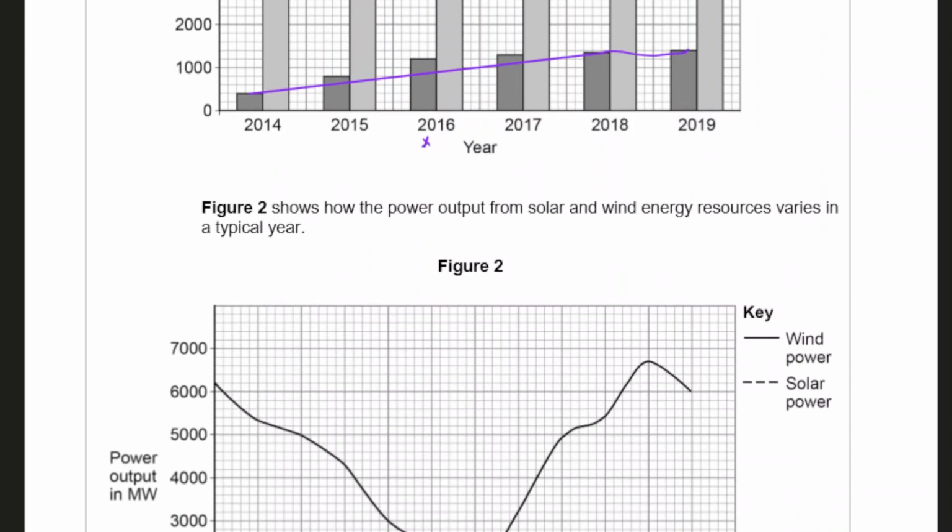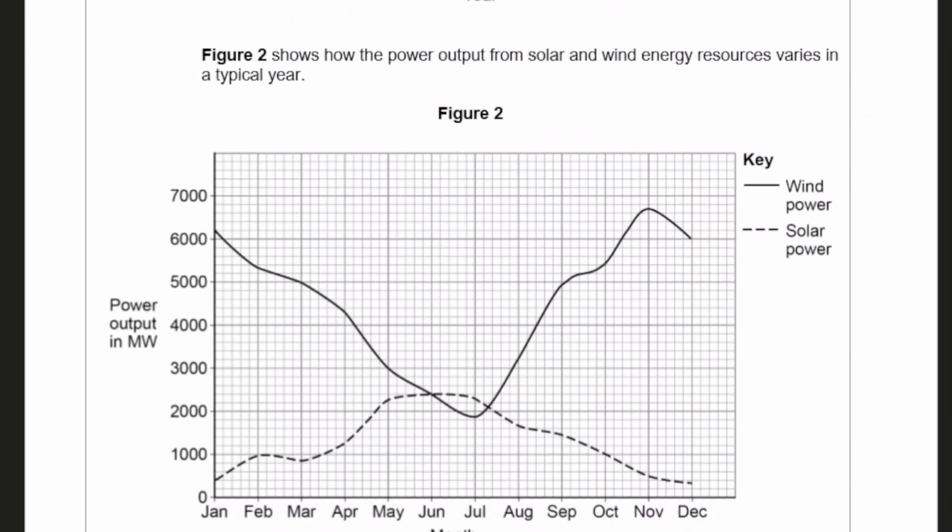So let's have a look at figure 2. It shows how the power output from solar and wind energy resources varies in a typical year. So at the start of the year, January, February, we are more or less during the winter months, as we are probably in December as well, winter months.